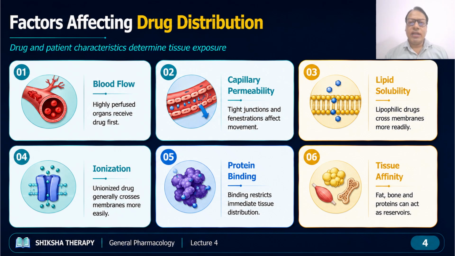Protein binding can temporarily restrict the immediate distribution of a drug. Lipid solubility is also important because lipophilic drugs cross cell membrane more rapidly. Finally, tissue binding can cause drugs to accumulate in fat, bone, or other tissues. So, drug distribution depends on both the properties of the drug and the characteristics of the tissue.